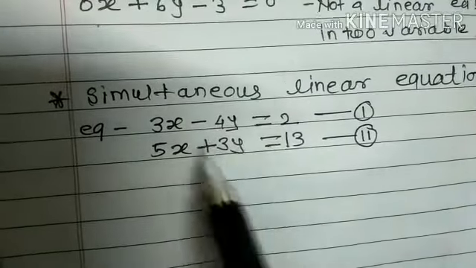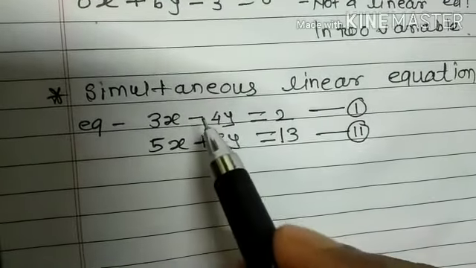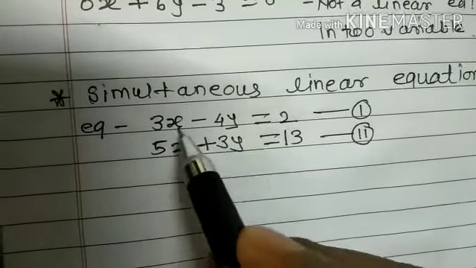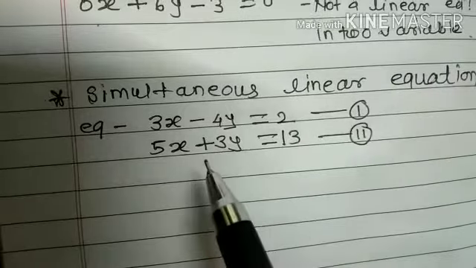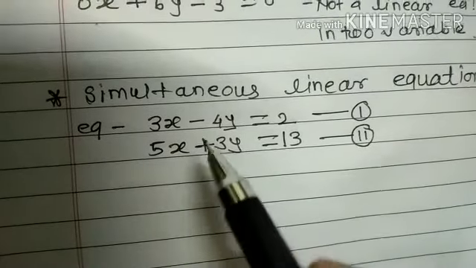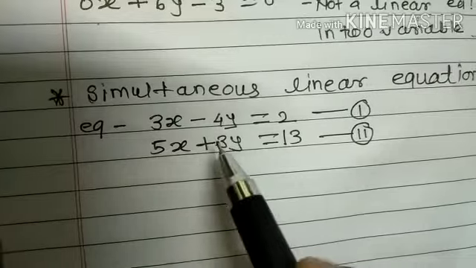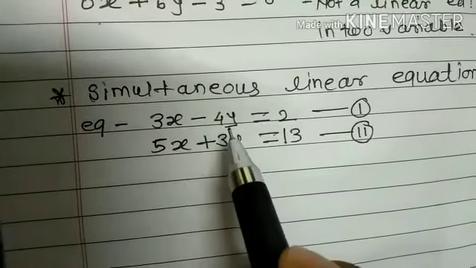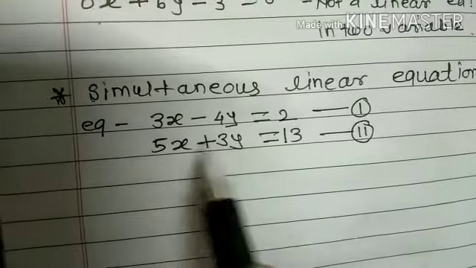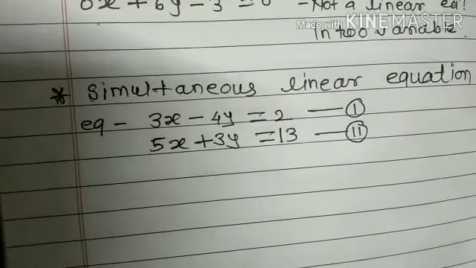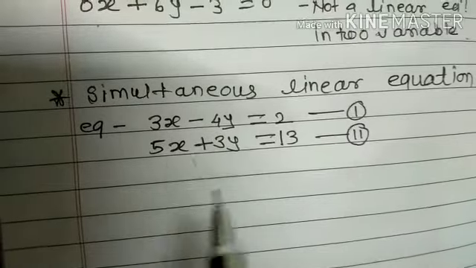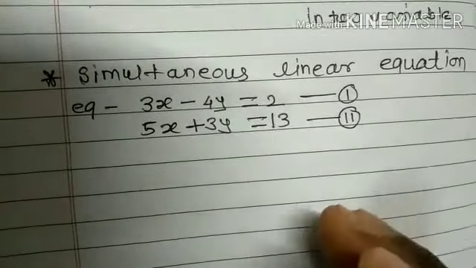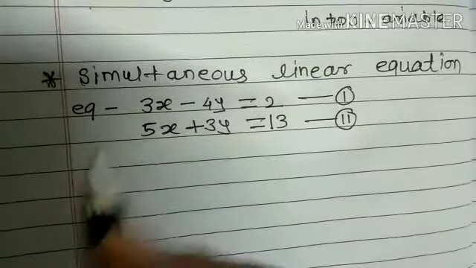In these two linear equations, according to the definition, two linear equations involving the two variables x and y taken together form a system of simultaneous equations. And here the two variables are shown in both equations, and hence it is also known as simultaneous linear equation. Then methods of solving simultaneous equations.